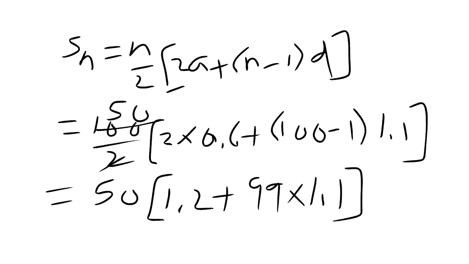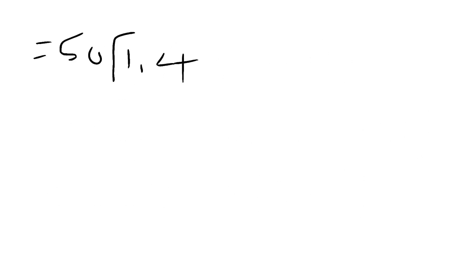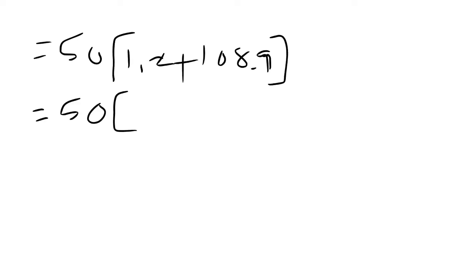So it is equal to 50 into (1.2 plus 99 into 1.1). 99 into 1.1 is 108.9. Sorry, here it is 110.1.